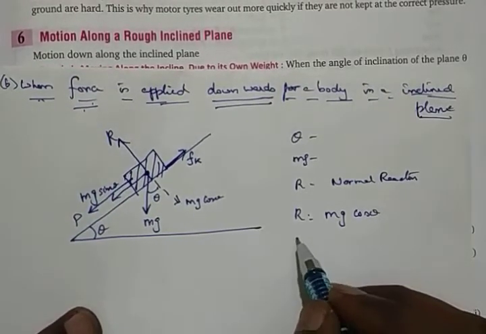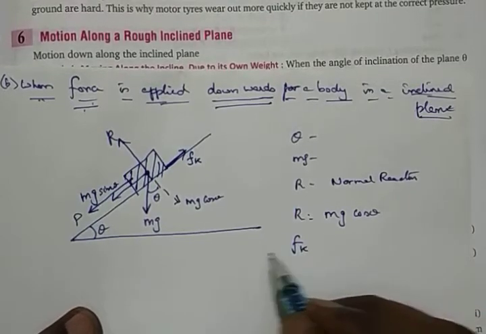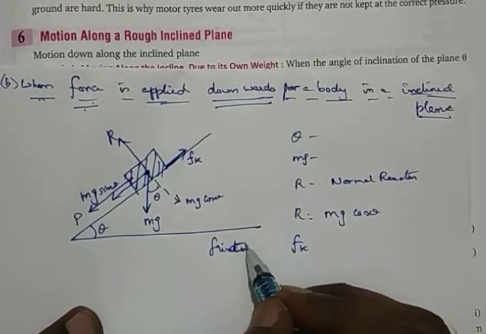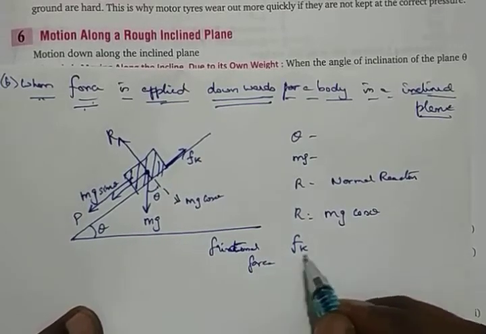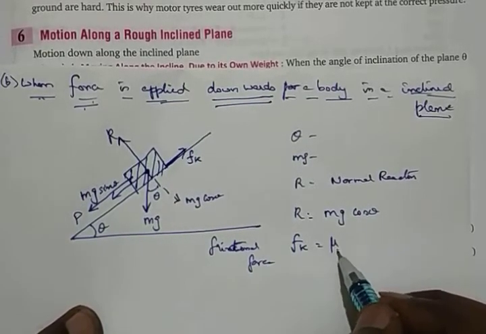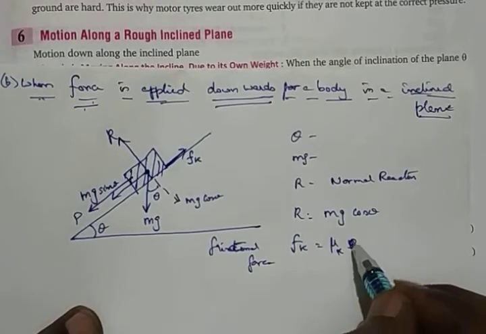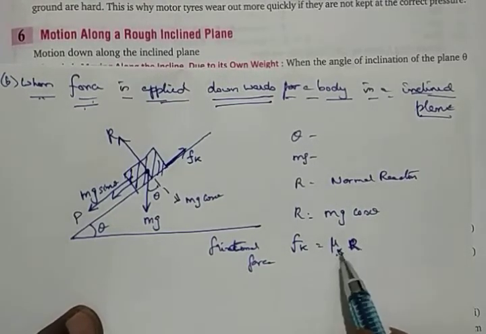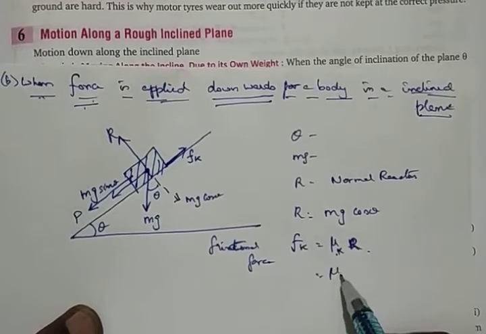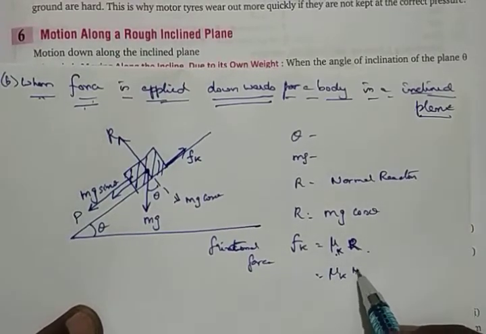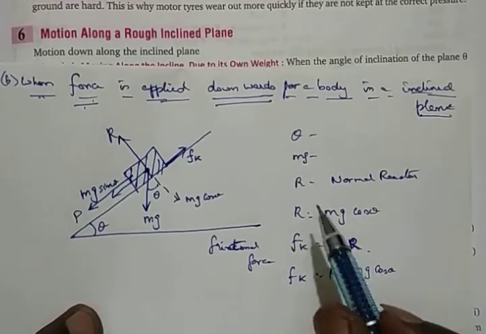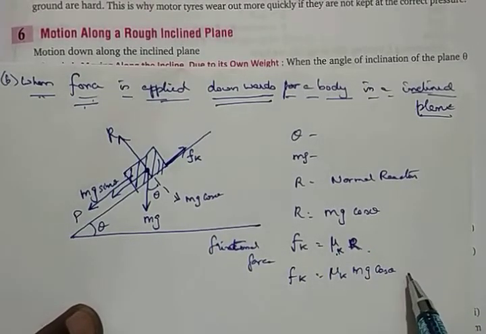Keeping this in mind, Fk, the frictional force, is equal to mu k into R. The formula of friction is the coefficient of friction into normal reaction. So it is mu k into mg cos theta. This is the basic thing; always first fill up this whole thing. So this is equation number 1.